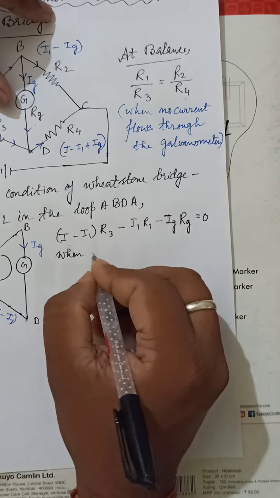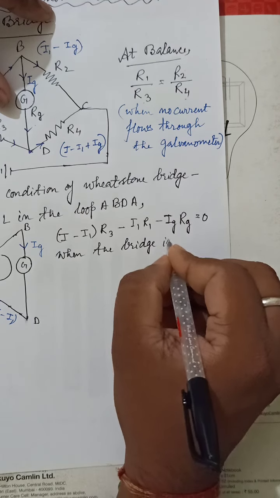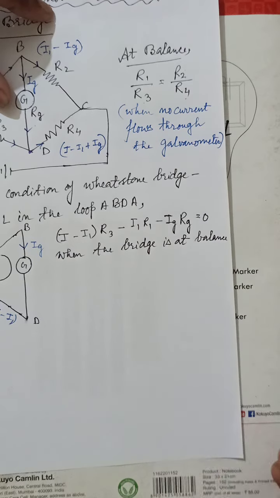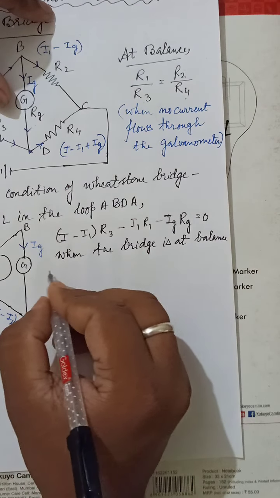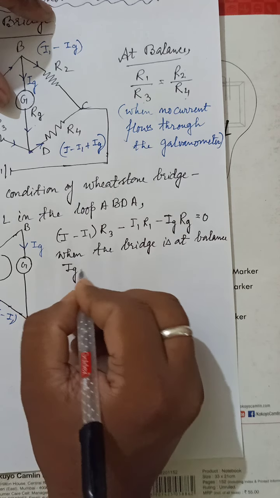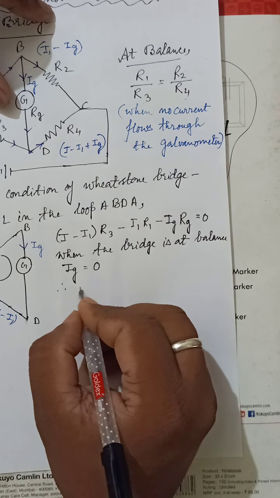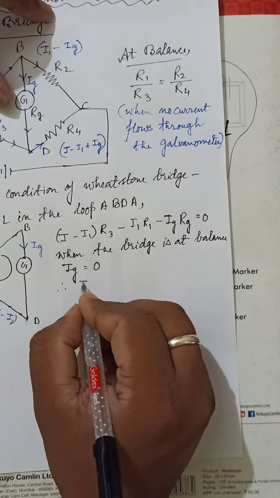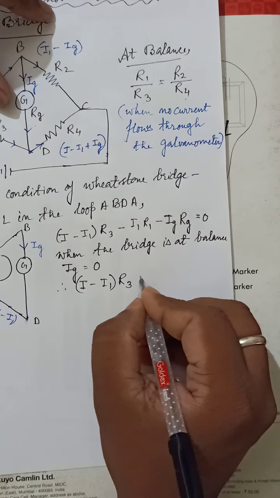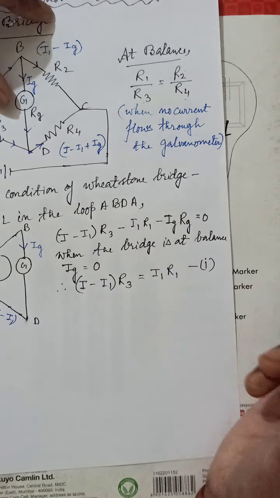When the bridge is at balance, at that time Ig is equal to 0. Therefore, we can write I minus I1 into R3 is equal to I1 R1. This is equation number 1.